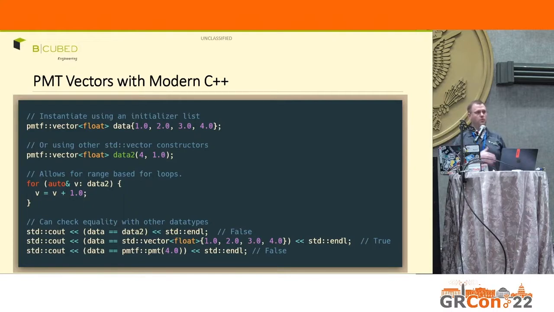The hope, with both the map and the vector, is that if you know how to use a standard template library map or vector, then you know how to use the PMT map or vector. You can do range-based for loops. You can do equality operators, which took some effort, but I felt was worthwhile. It's really nice to not have to know what kind of PMT you have to be able to ask if it is something else.